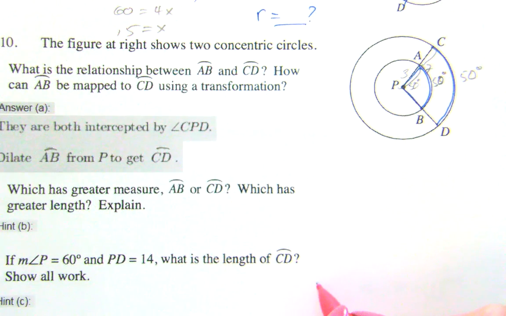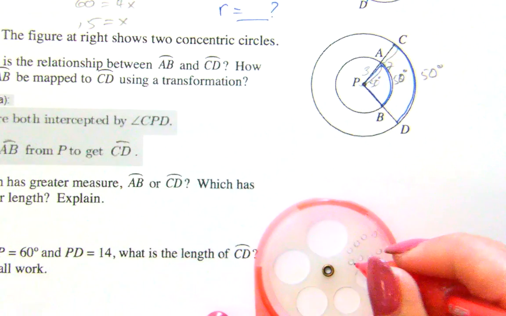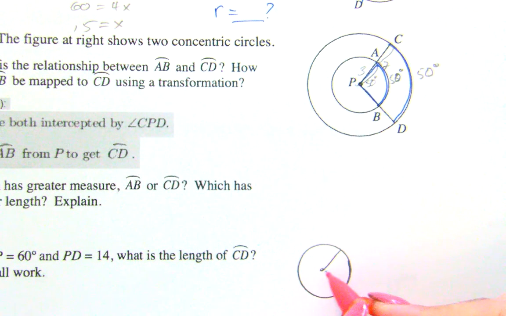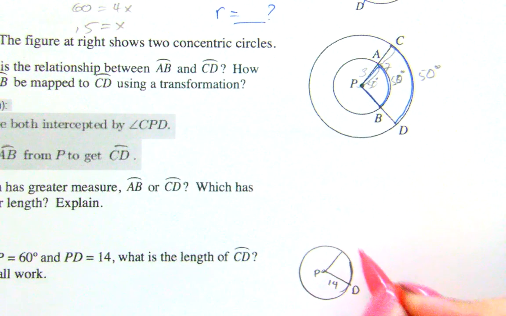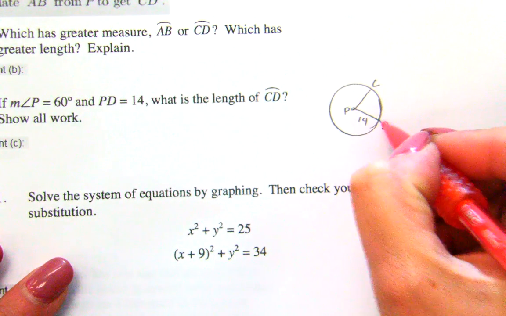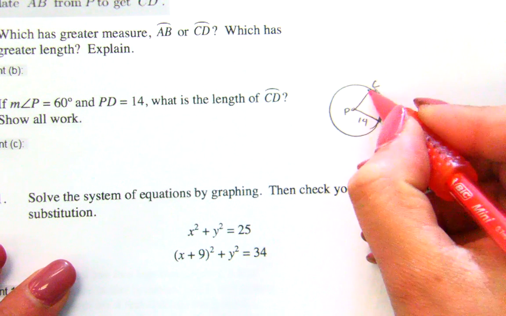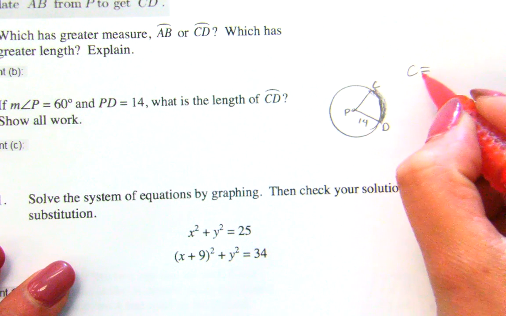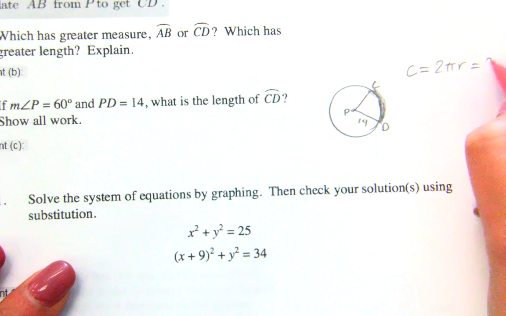Okay, in this case, I'm going to draw a circle really quickly just so we can write on it. This is 14, this is P, this is D, this is C. And it says, what's the length of CD? So you want to find the crust, right? The crust is going to be part of your circumference. The circumference of the entire circle is 2 pi times your radius, so that's going to be 28 pi.